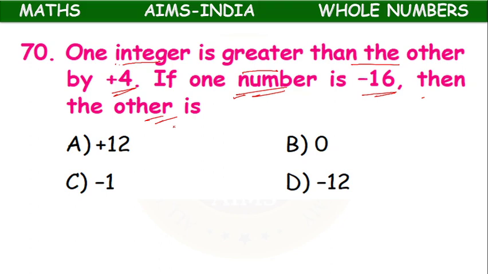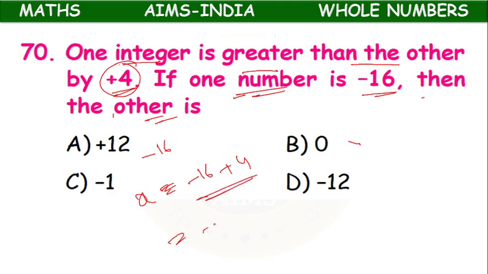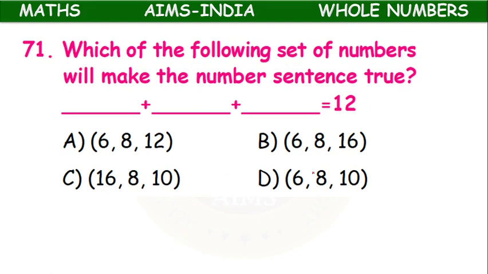So they have given one number as minus 16. The other number, let it be x, is plus 4 greater than minus 16. Means we have to add plus 4 to minus 16. So what will be the answer? Minus 12. D option. Minus 12 is the correct answer.